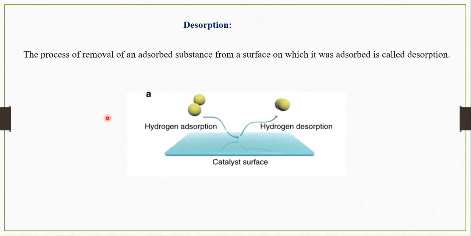Next we'll see the concept of desorption. The name itself indicates that desorption means leaving from the surface. In the figure you can see the process: the removal of an adsorbed substance from the surface on which it was adsorbed is called desorption.